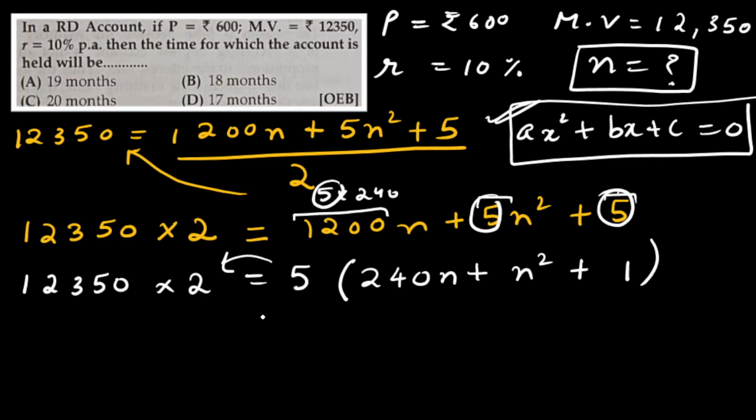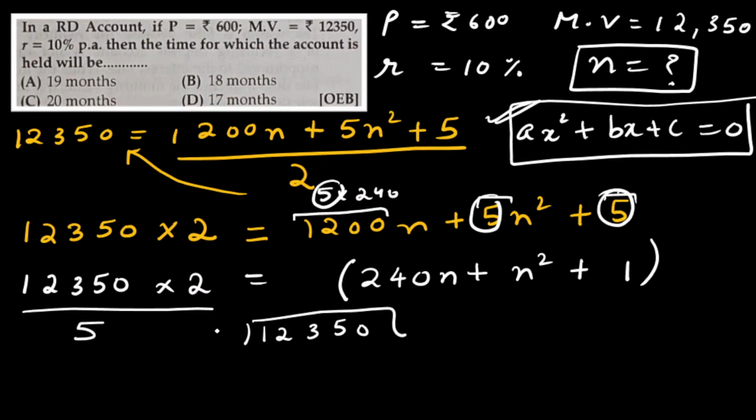Now let's shift 5 to other side. Here it's getting multiplied, so when we shift to other side, it will get divided. Now let's do cancellation on 5's table. Cancellation means division: 12,350 divided by 5 we'll get 2470.